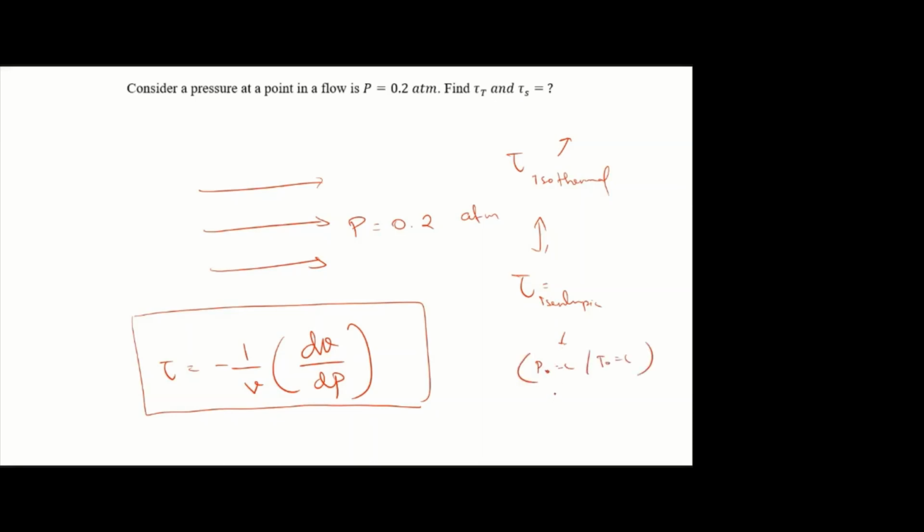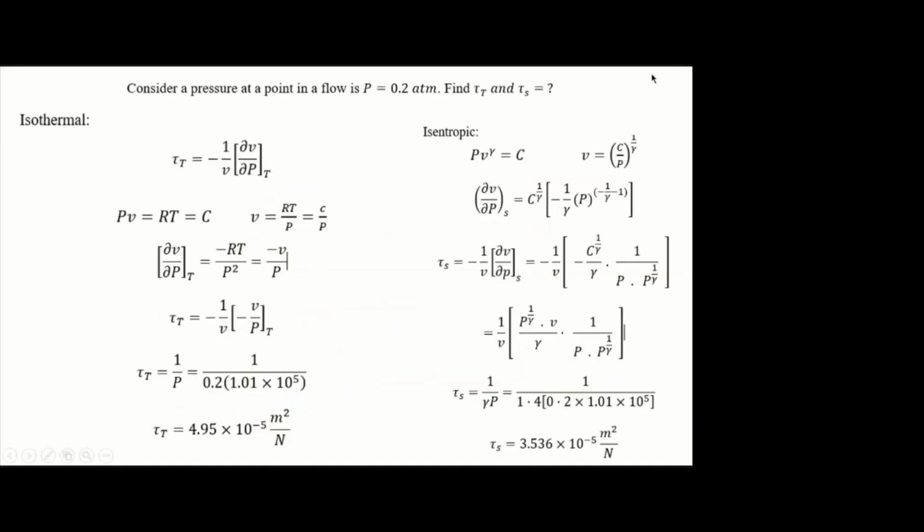For isothermal, the static temperature is constant. Good. So using these conditions, we are going to find dP by dV and substitute in this equation. Okay, so this is the solution.